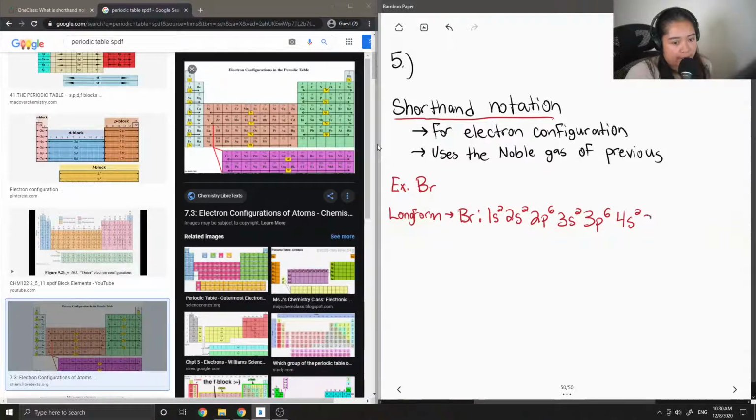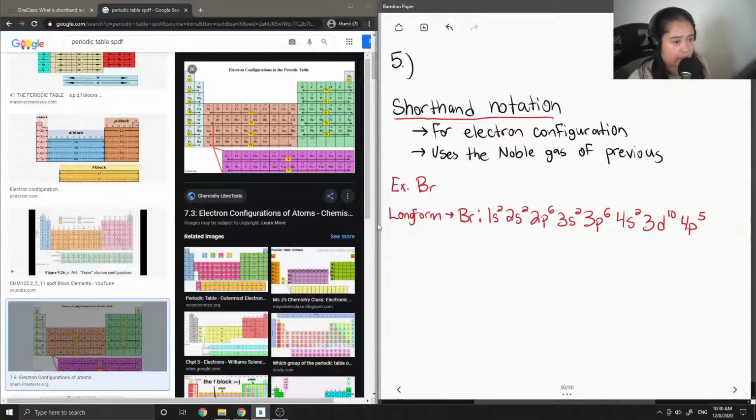So we go back to 3, and then it's 3d10. And then bromine is right here, atomic number 35. So we just need to count going up to the bromine. 1, 2, 3, 4, 5. 4p5.